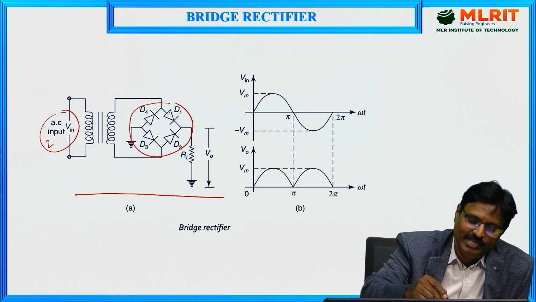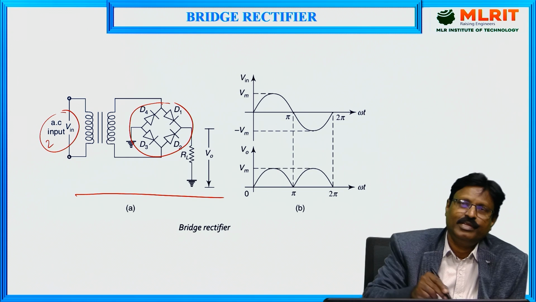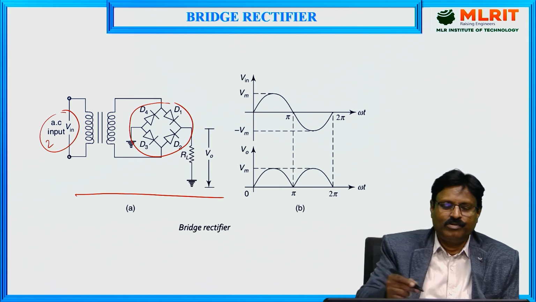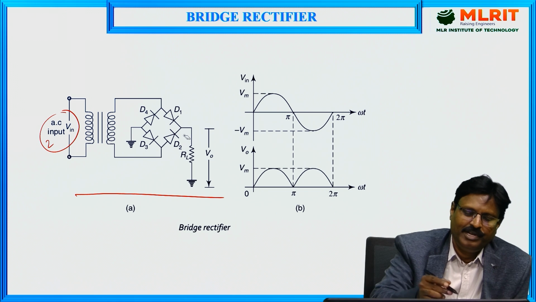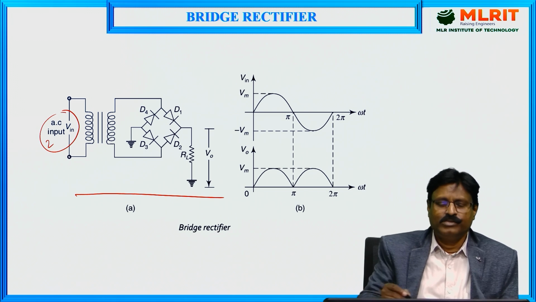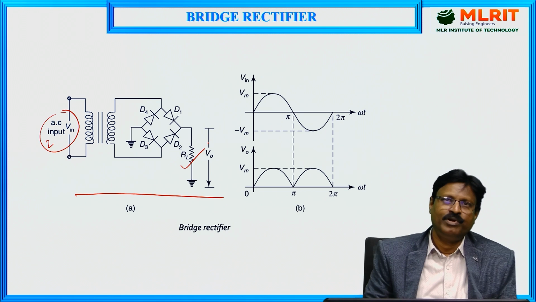As you can see, D1, D2, D3, D4 are connected together in the form of a bridge. So we are going for 4 diodes. And this is a load resistor RL, across which the output voltage will be taken.